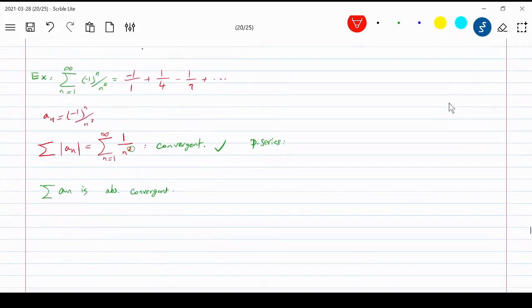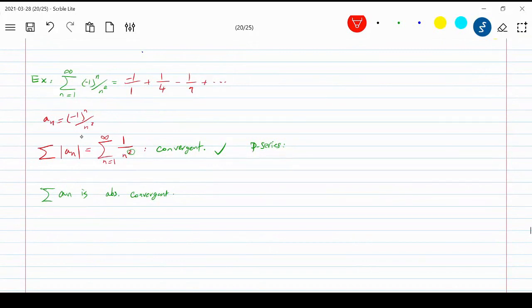In the last example, I didn't really mention this, but there the summation of the absolute values was convergent, and we already know that the summation of An is also convergent. Why is that? You can ask yourself why.